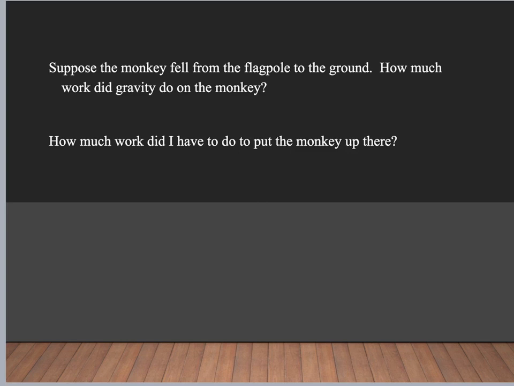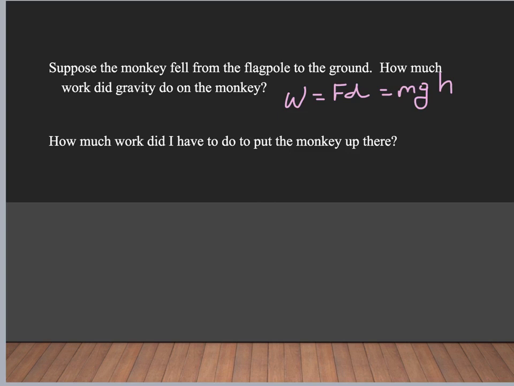So one way to go is work is equal to force times distance, the work equation. The force you mentioned is mg, the weight. And then the distance that you mentioned was the 2 meters, which is another word for that type of distance, the height.